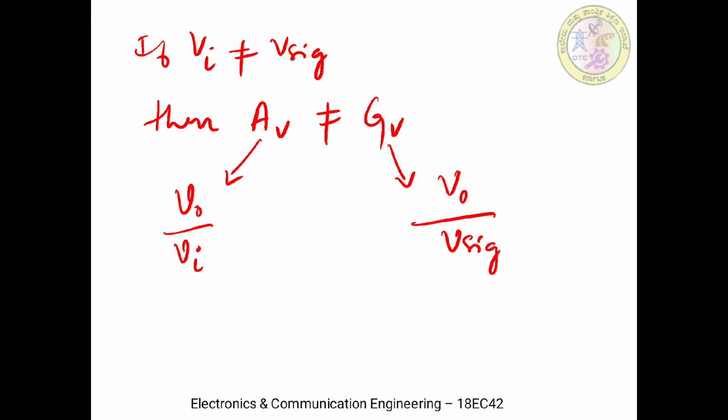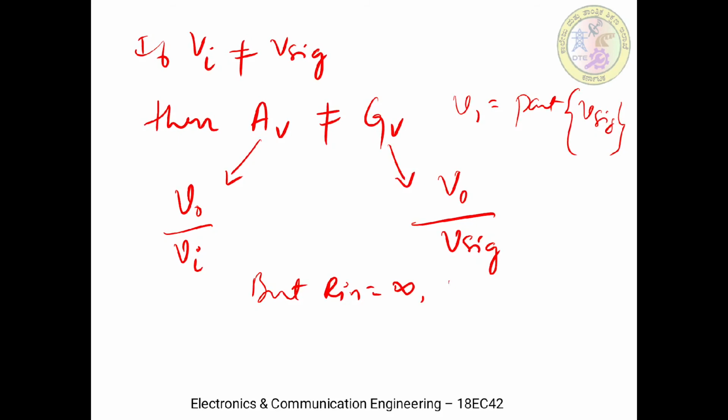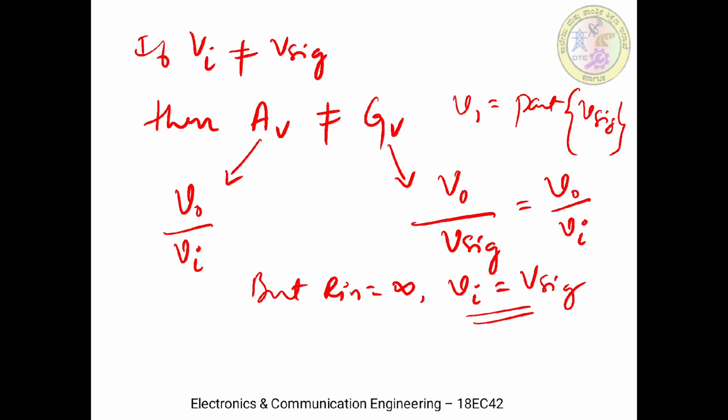Vi is nothing but a part of VSIG. But when Rin is equal to infinity, Vi becomes the same as VSIG. So when these two are equal, while writing GV you can write V0 by Vi, which is nothing but the voltage gain AV. This is what is happening in this case.